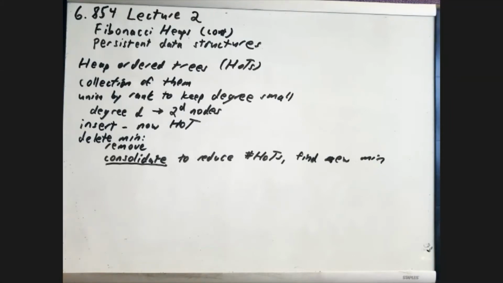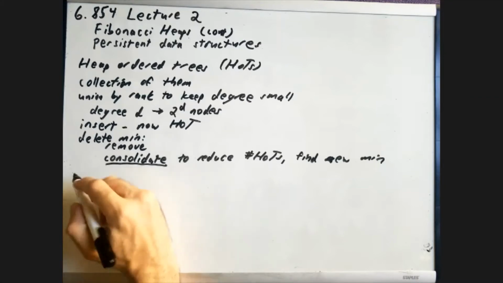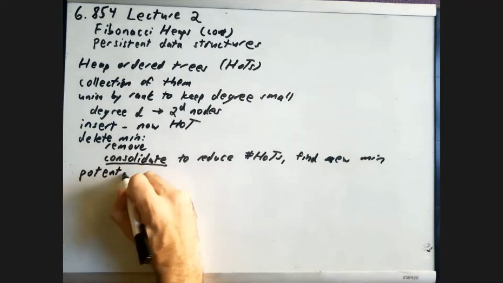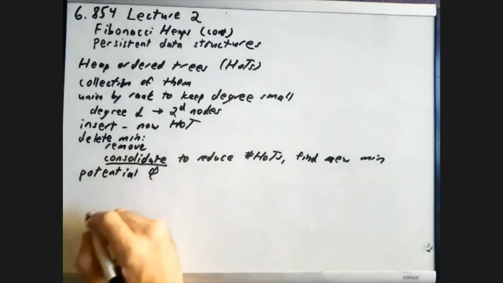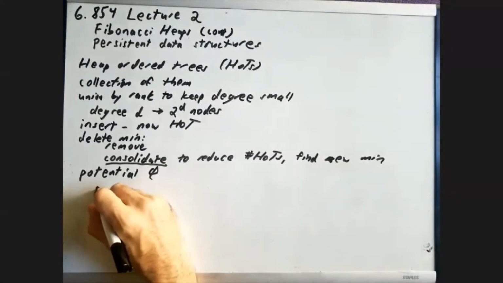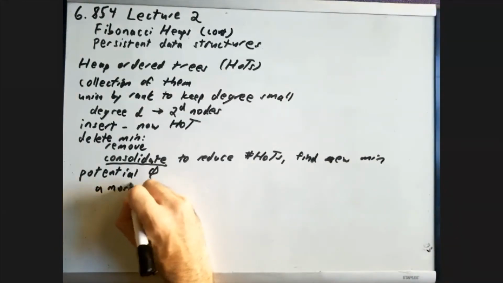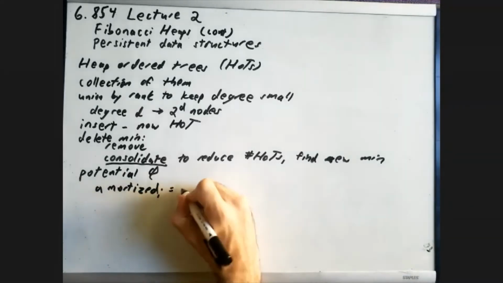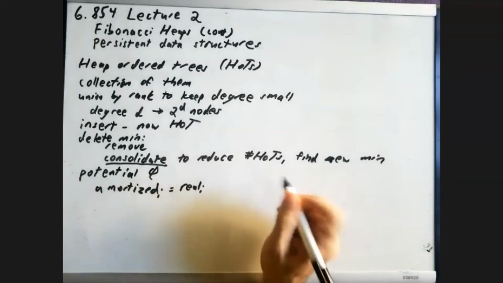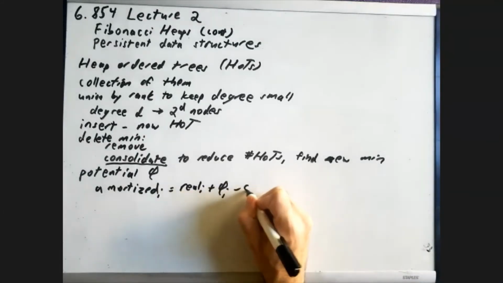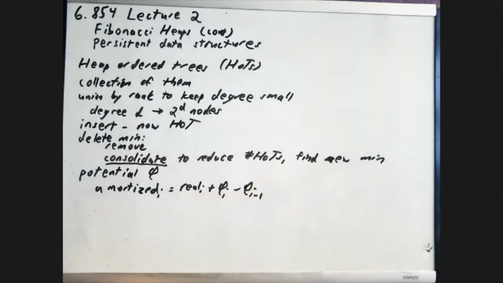Okay. And the way we analyzed this was using a potential function. The potential function can be whatever you want, but then you define the amortized cost of operation i to be the real cost of that operation i plus the ending potential minus the starting potential.